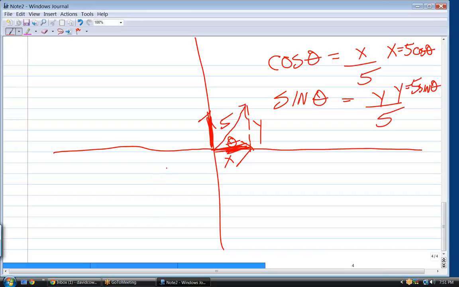Now, let me give you an example. Let's say you have an airplane heading 45 degrees from east at 500 miles per hour. In other words, this picture right here, with theta being 45 degrees. Now, if we have a westerly wind blowing against it at 50 miles per hour, what happens to the airplane?